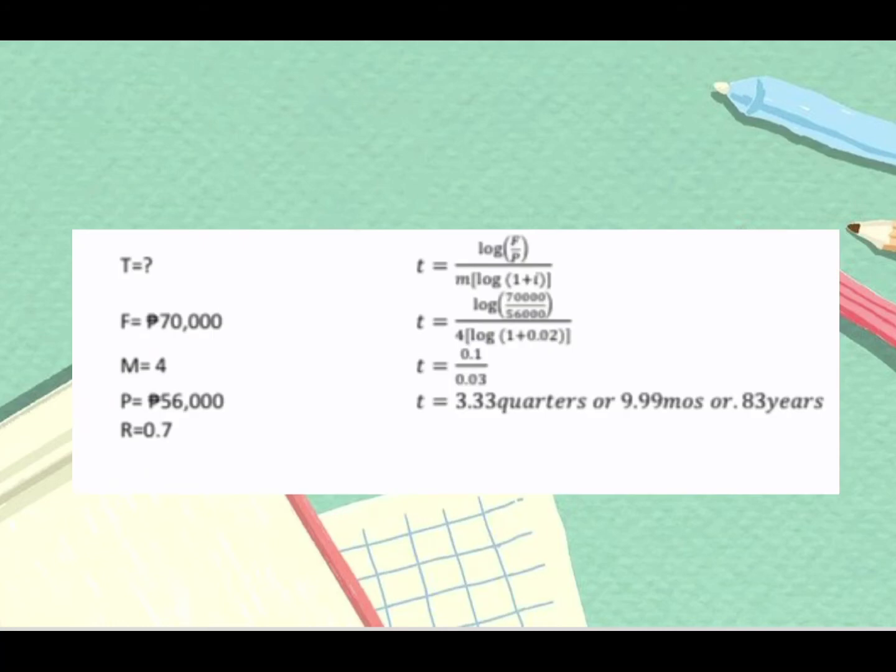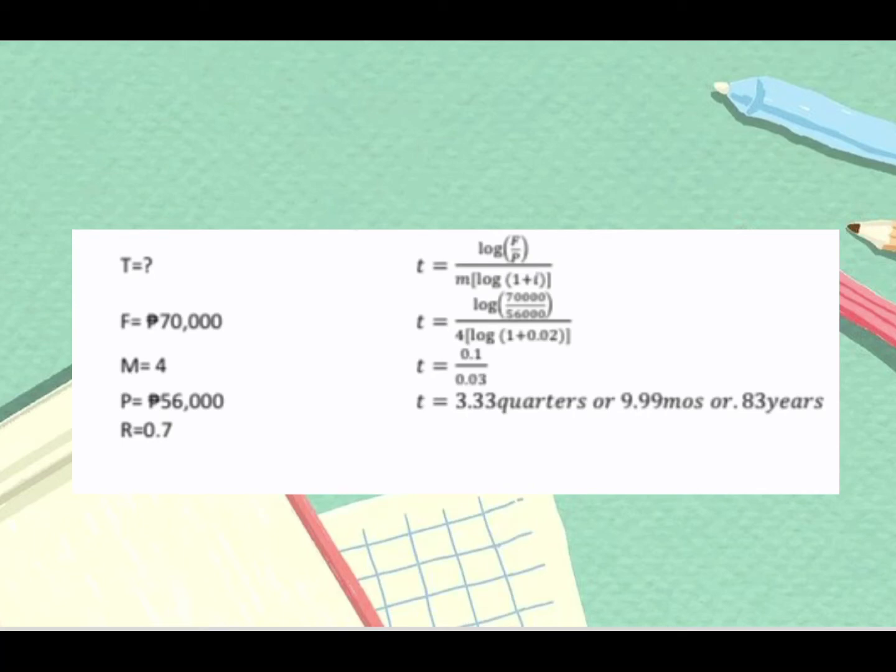Meron tayong F equals 70,000, M equals 4, P equals 56,000, R equals 0.07. Ang M saan nakuha ang 4? Nakuha ang 4 sa quarter, kaya 4. Ang R naman, saan nakuha ang R or rate? Dahil sa 7%, kaya magiging 0.07.